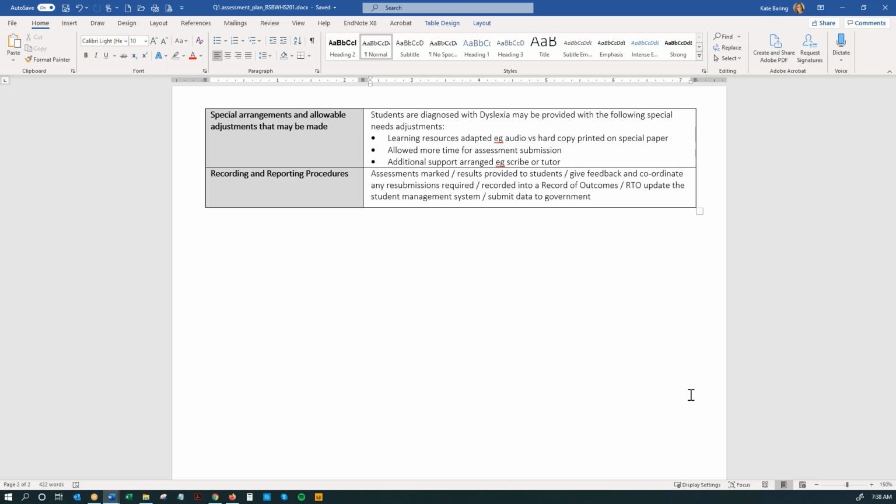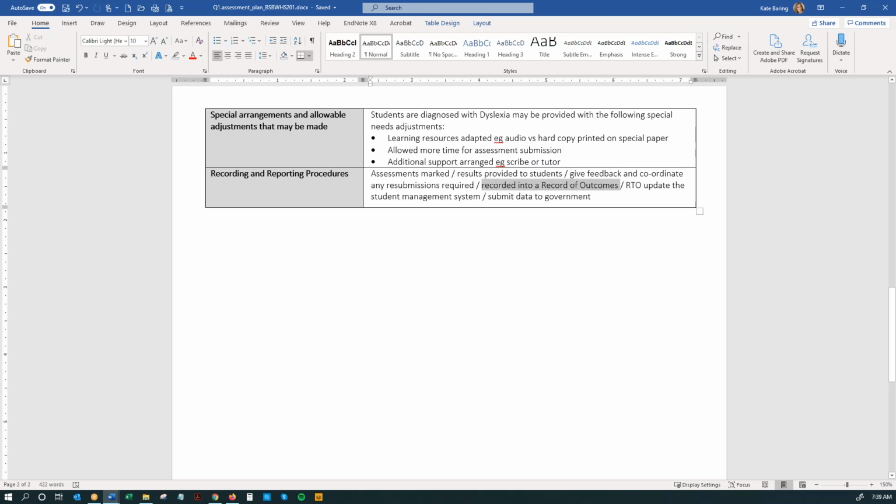Again, no real right or wrong, and it will depend on the RTO or the learning organisation. So we've just put in here that typically we'd mark the assessments, we'd provide feedback or results information to the students and ensure that they were quite aware of the process, and particularly if there's any resubmissions to happen, and we would coordinate those if required.